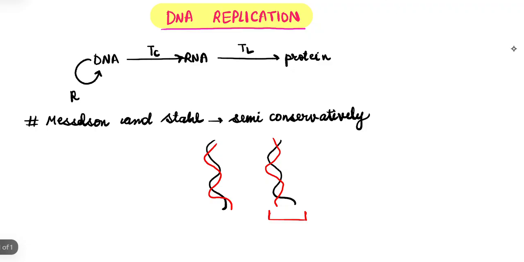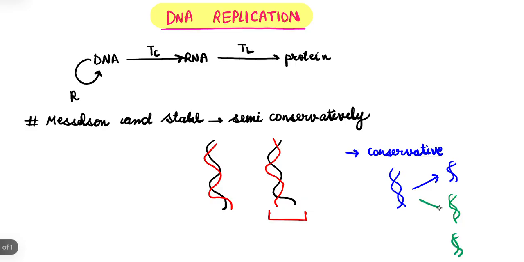However, there were alternative theories also which were proposed for DNA replication, one of them being the conservative mode of replication. Conservative mode of replication says that the complete parental DNA strand will remain intact and it will then generate the new strands which will be double stranded.